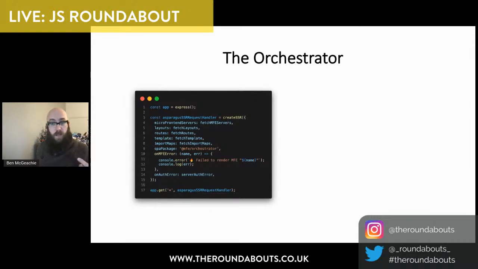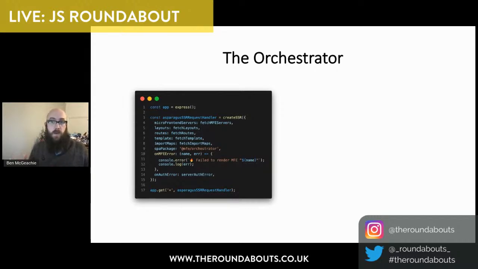It uses a configuration service to fetch and bind the routes, layouts, templates, the locations of the micro front end servers, and the import maps. In this way, any of these things can be updated without the need to redeploy the orchestrator micro front end code. Similarly, deployments of other micro front ends become much more simple as their release cycles are not bound together, but they live and die in the configuration service.